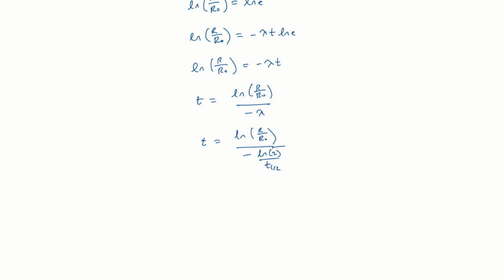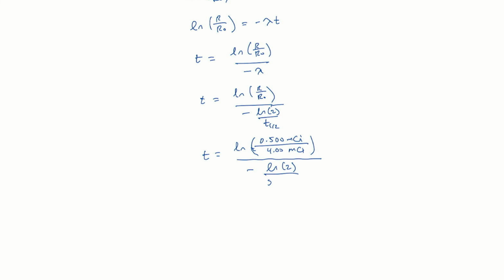All right, so let's put in our values. We've got the natural log. R we just found, 0.500 millicuries, divided by the initial, which is the 4.00 millicuries. Then it's the natural log of all that, divided by minus the natural log of 2 divided by the half-life, which is 5.271 years.